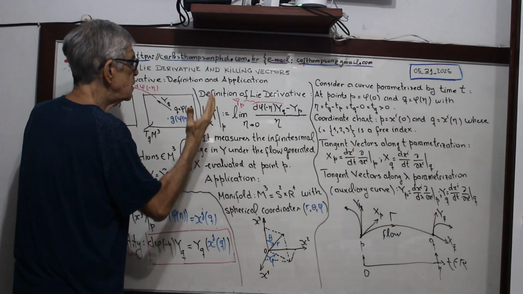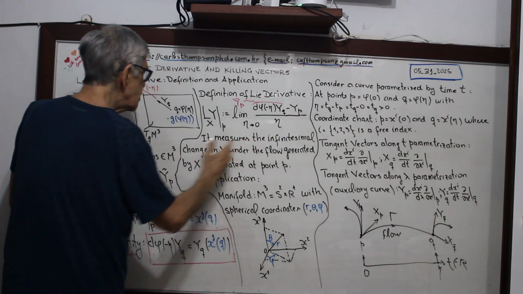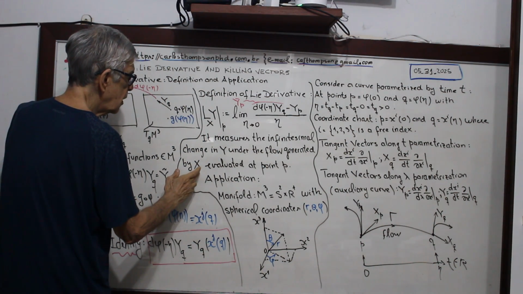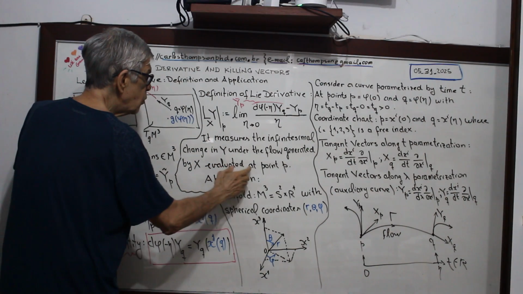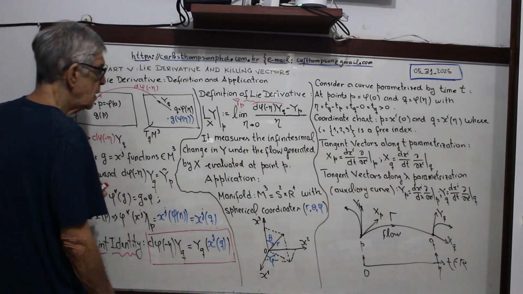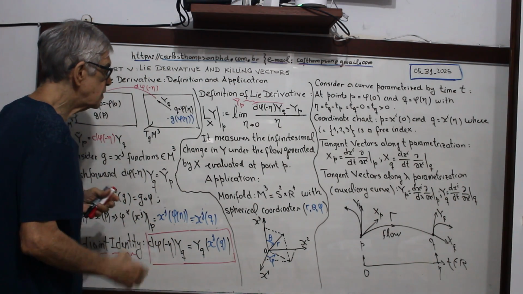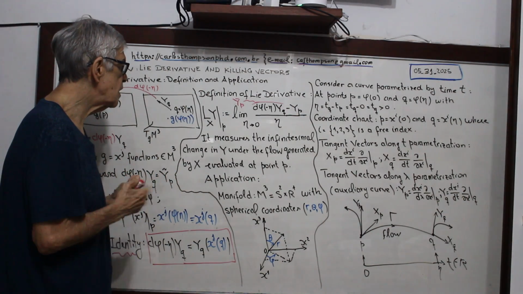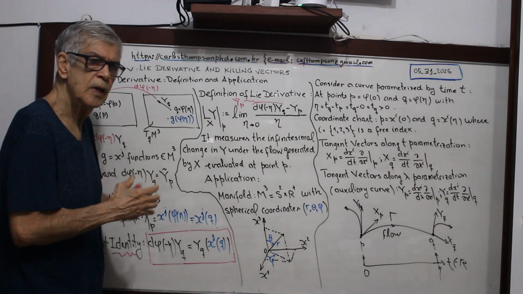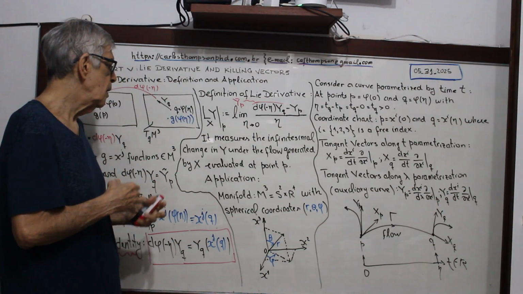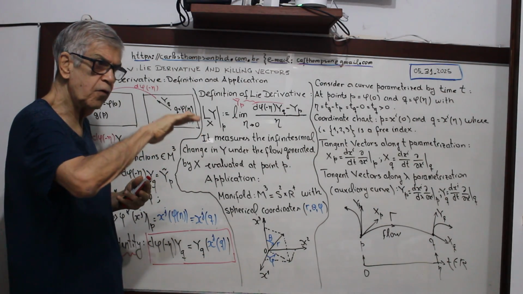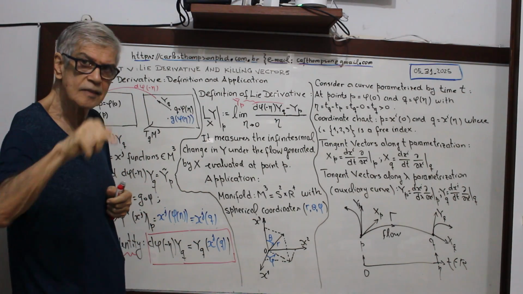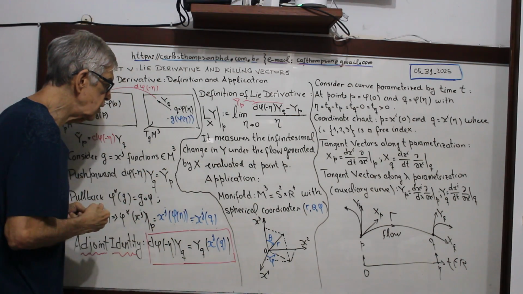Now, what does the Lie derivative mean? It measures the infinitesimal change in Y under the flow generated by X, the tangent vector, evaluated at point P. That is what the Lie derivative is. What does it mean physically? It is a change in the vector Y when the flow is generated by the tangent vector X. So that's written over here.